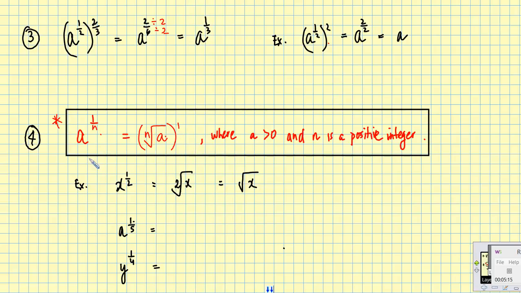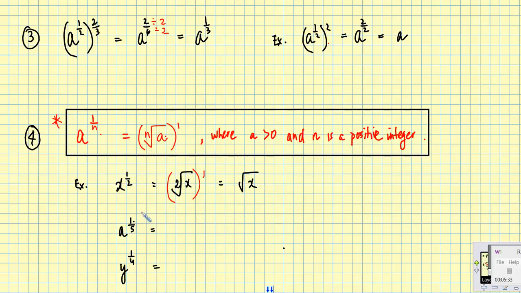So if I had x to the 1/2, that would be like saying the square root of x, or the root 2 of x raised to the power of 1, and that's just equal to the root of x.